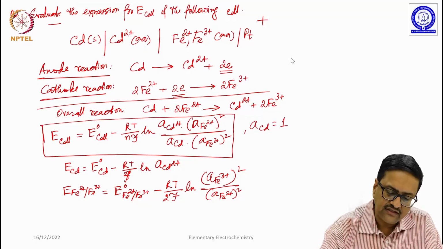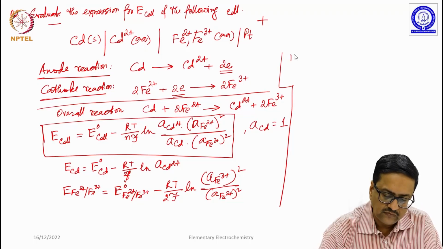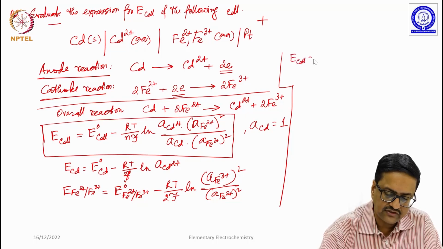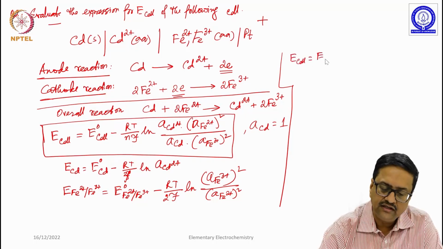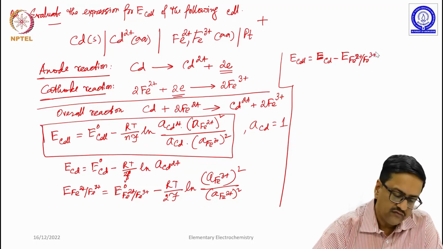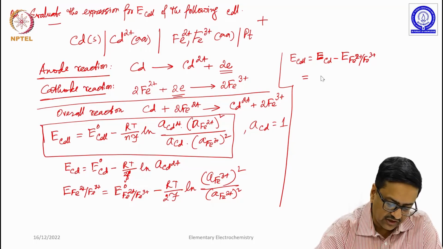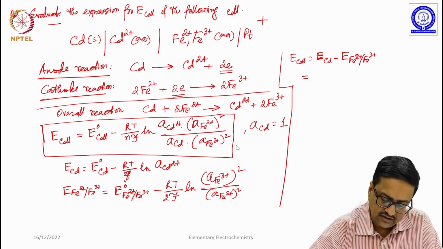So one can easily write that E cell is equal to E Fe2 plus Fe3 plus minus E Cd, which is again nothing but what we have obtained here.